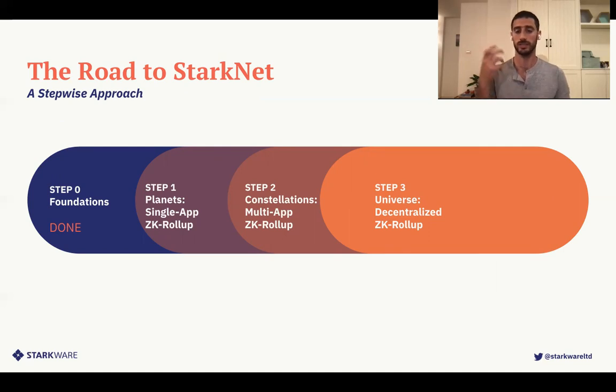In the next step, we will take this Starknet contract and put it in one composable state with many other contracts. And the last step is, once we have this composable state, we can decentralize the network and have permissionless operators and provers. So let's go into each one of those steps and understand it a little bit better.